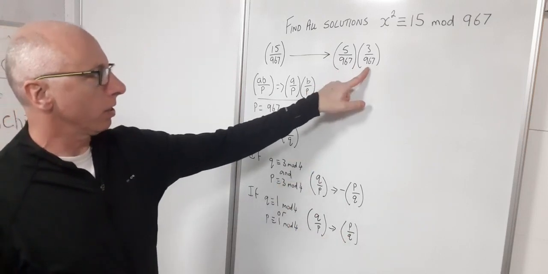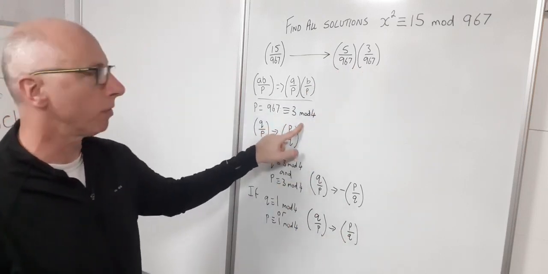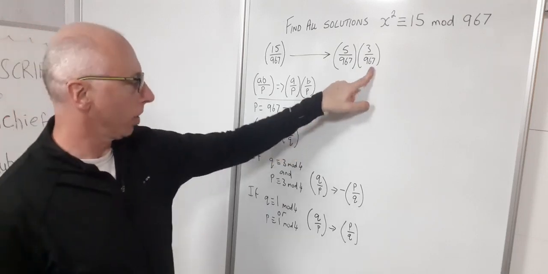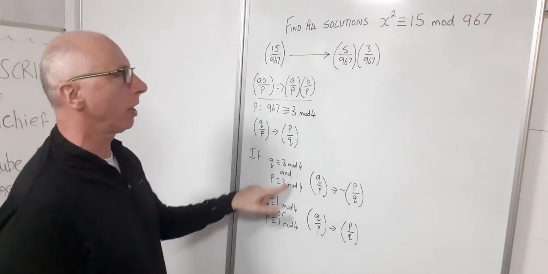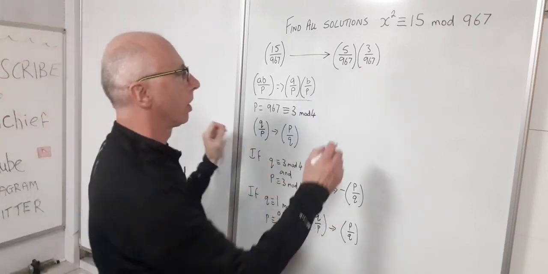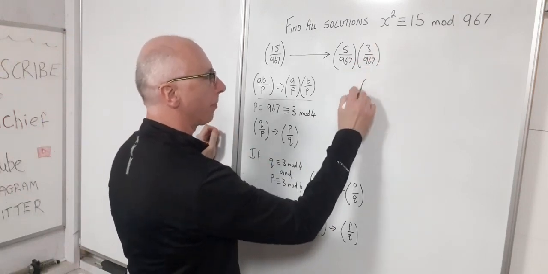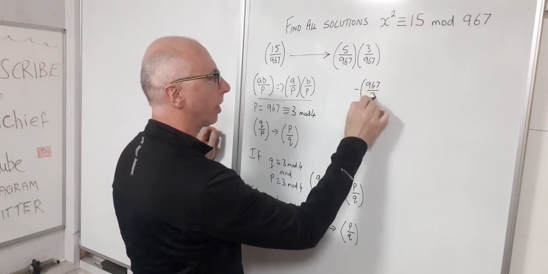So let's have a look at this. Well, 3 is congruent with 3 mod 4, and 967 is also congruent with 3 mod 4, so that works. 3 is our q, and the prime number is congruent with 3 mod 4, so that becomes the negative version. So we can flip that over and turn that into minus (967 over 3).